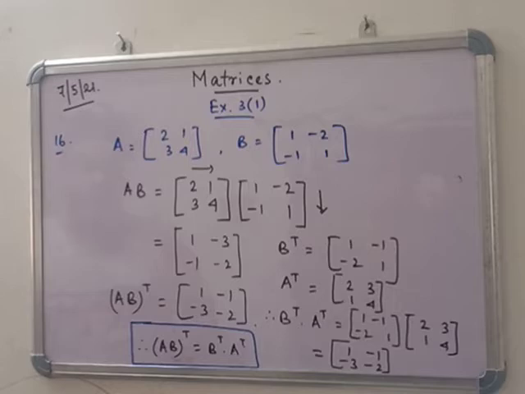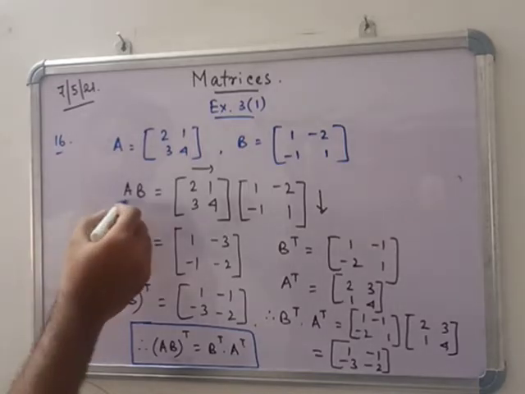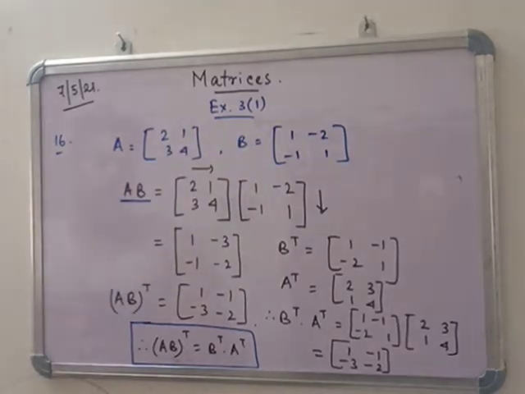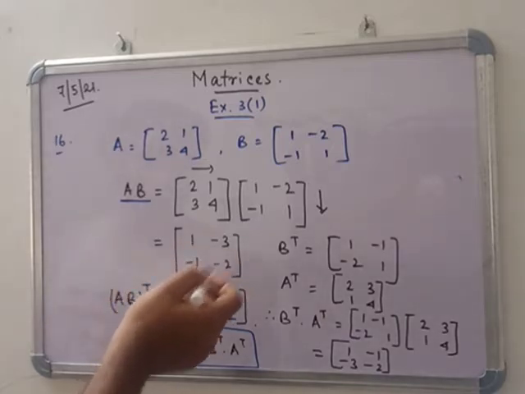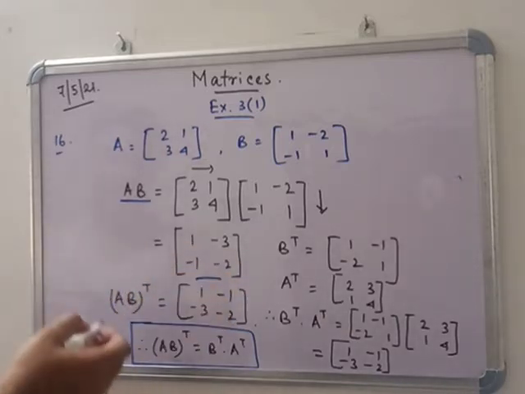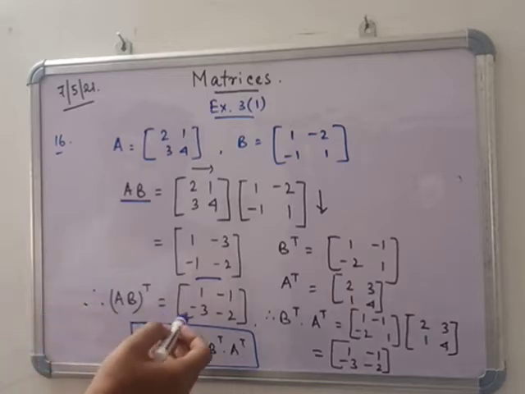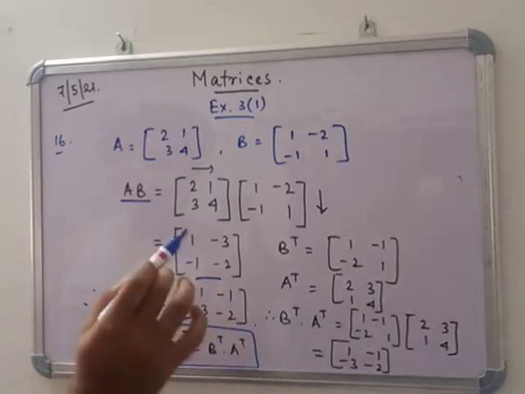Firstly, I am finding AB, simple multiplication of A and B, 2 by 2 matrices. After multiplication, you get 1, minus 3, minus 1 and minus 2. So AB transpose equals 1, minus 1, minus 3, 2.